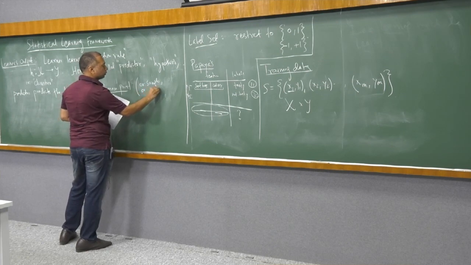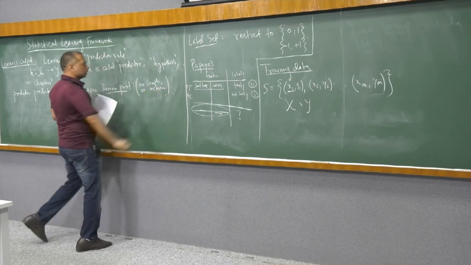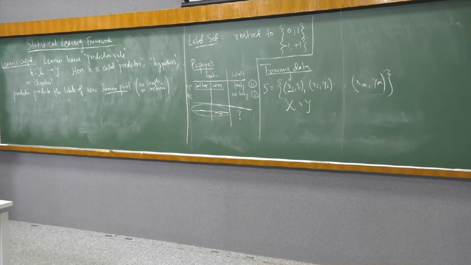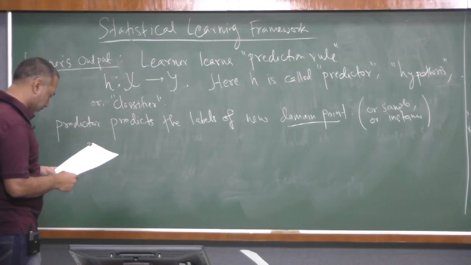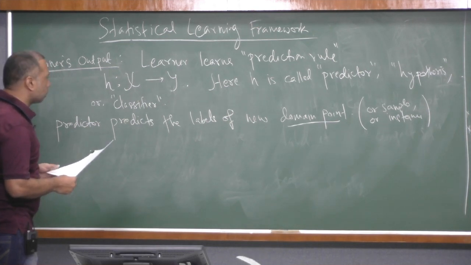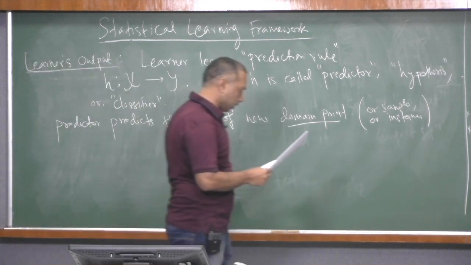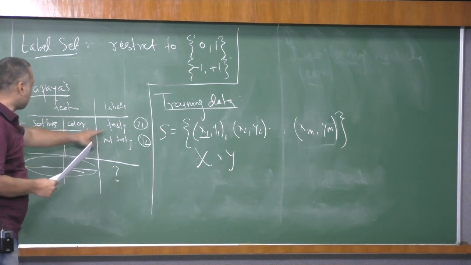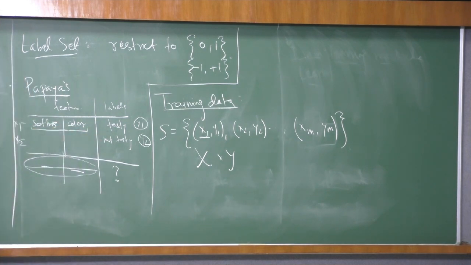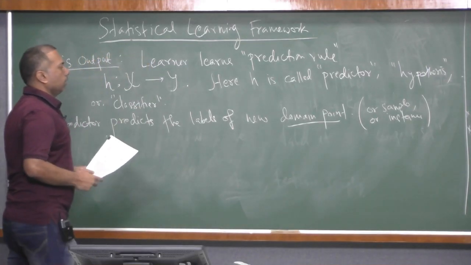We have to get used to these similar words, which are basically the same. So for the papaya example, the learner learns to predict whether the papaya is tasty or not. That's the rule a learner has to learn.